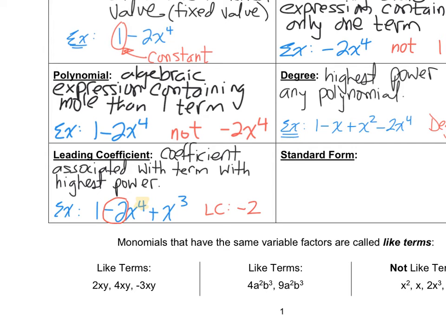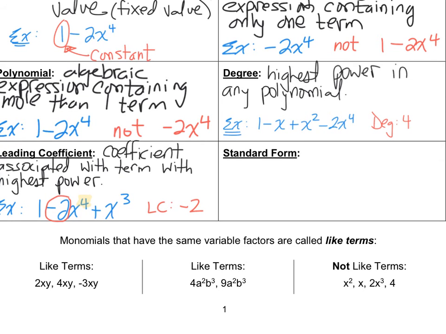All right. Now, the standard form of a polynomial, that's just an FYI for now. It's f of x equals a times x minus h to the nth plus k, where your leading coefficient is a and your degree is n.